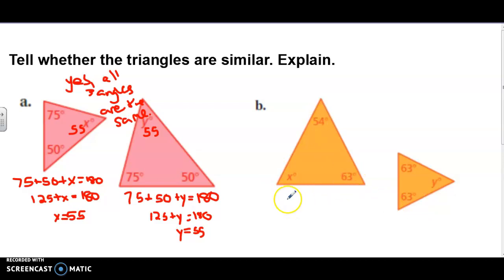54 plus 63 is 117, plus x has to equal 180. If you subtract 117 from both sides, you get x equals 63. So that means that this is 63, this is 63, this is 54. Y is going to have to be 54 because of the same exact logic of why this had to be 63. 63 plus 63 plus y has to equal 180.